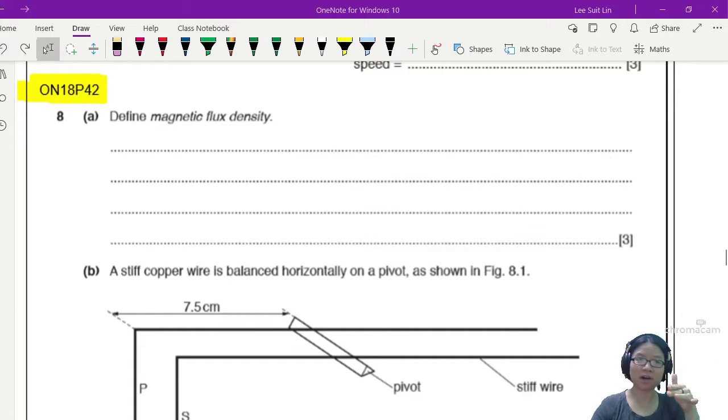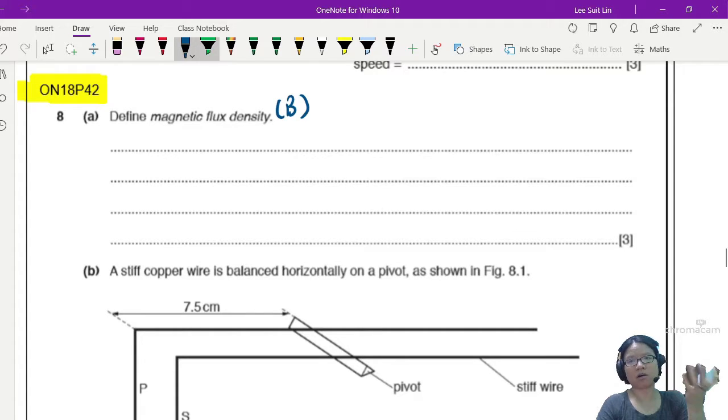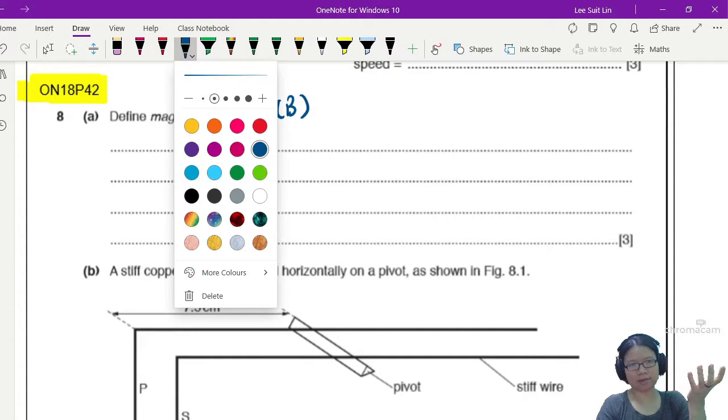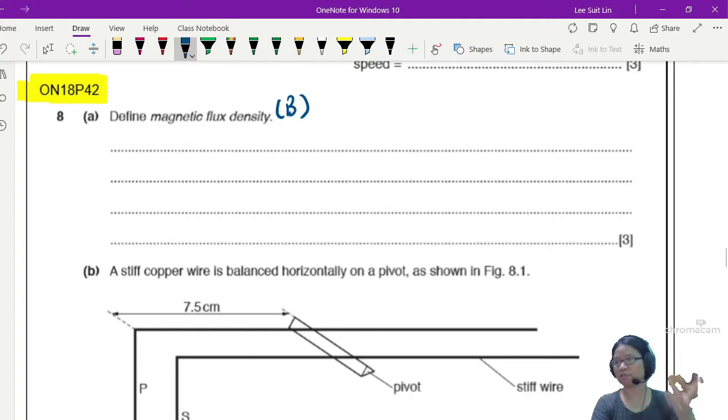You're asked to define magnetic flux density, and normally the definition for magnetic flux density, whose symbol is B, has 3 marks. So a lot of points you need to cover in your definition. Since this is a wire, I'm going to define B using a straight conductor.